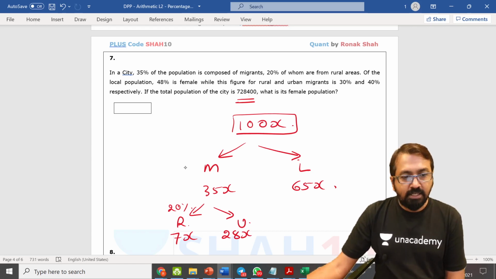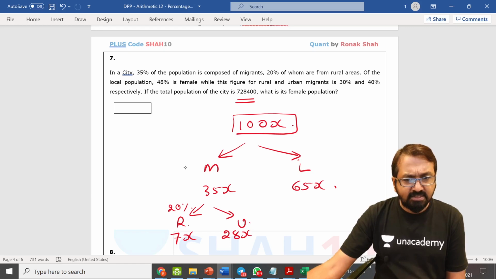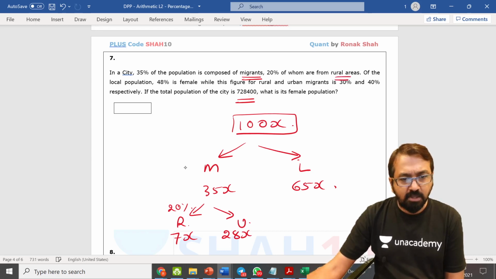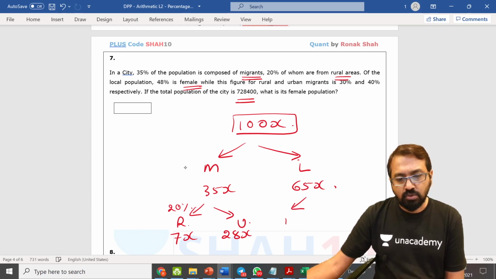So let's understand this part. It looks like there is some error in the question, because somewhere they are talking about migrants. Okay, migrants is fine, and rural and urban, but here they are talking about female. So of the local population, 48% is female.